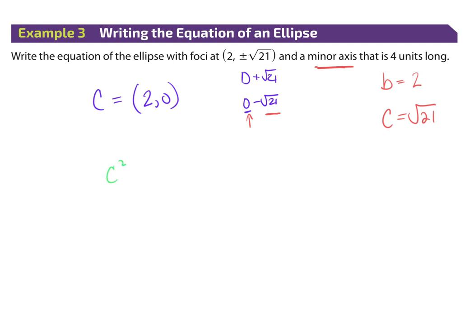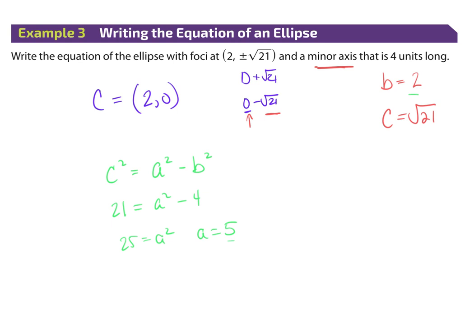So C squared will be A squared minus B squared, right? C squared, well, that's just 21. A squared minus B squared, 2 squared is 4. Add that to the other side. I'm going to get an A value of 5. All right, so I just used logic here to figure out what I had and what they gave me.